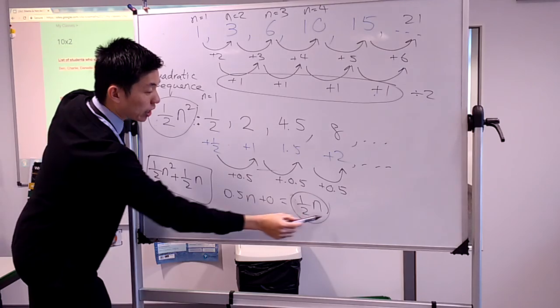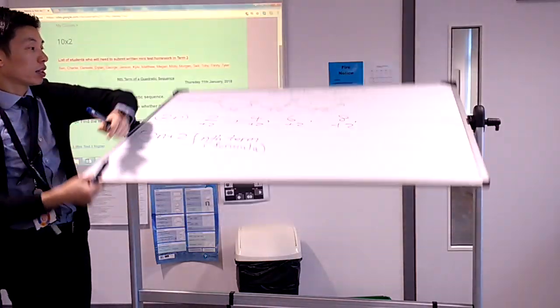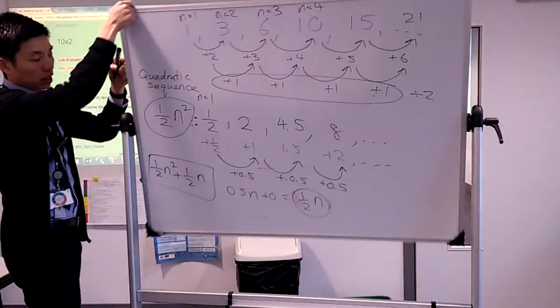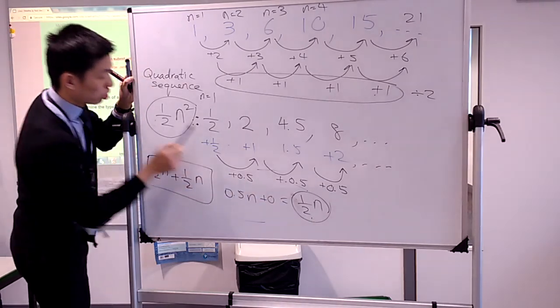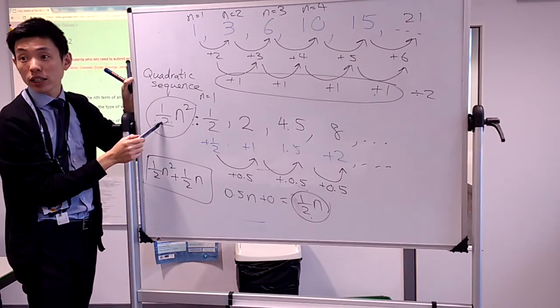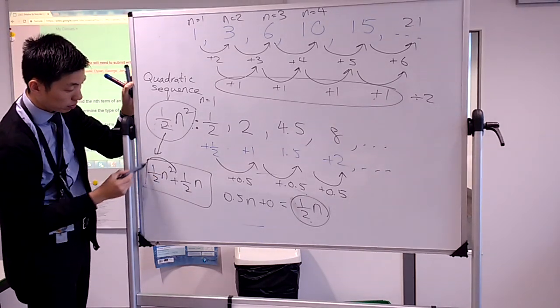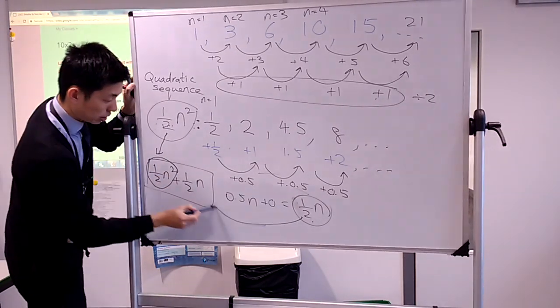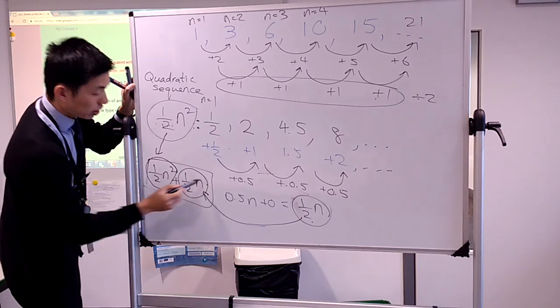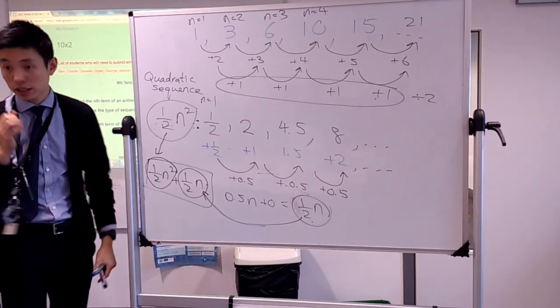Then produce an nth term using this style, and then add on to your n squared term. So this is this term, and this is this, and combined is what you need to produce that sequence.